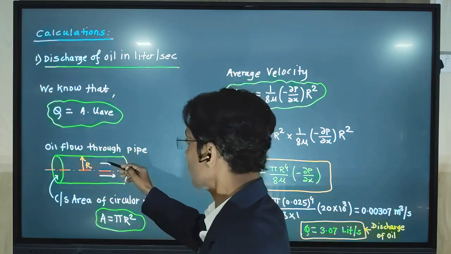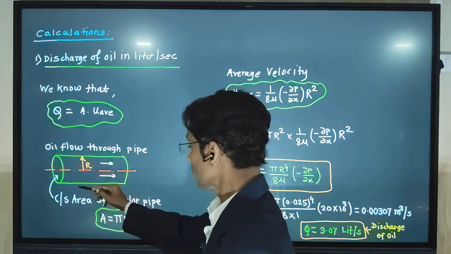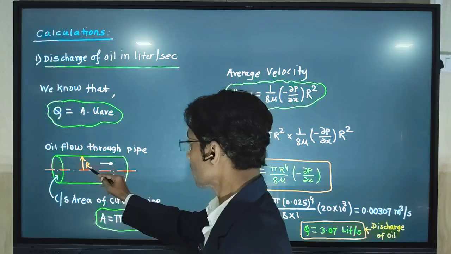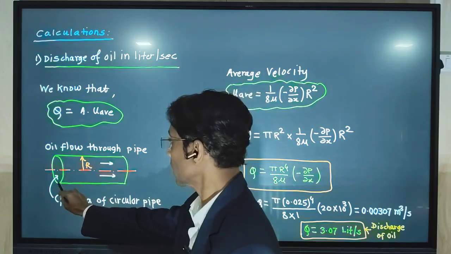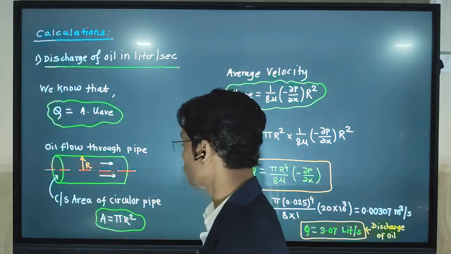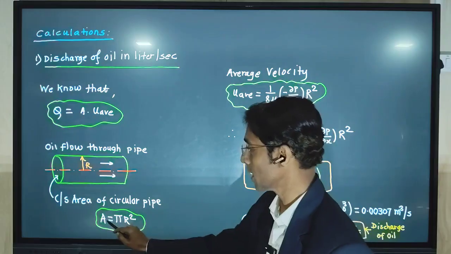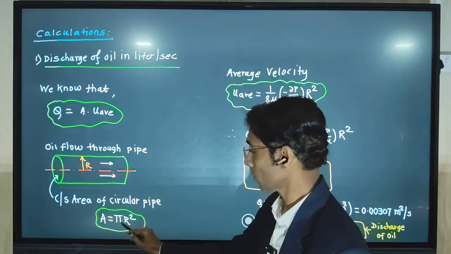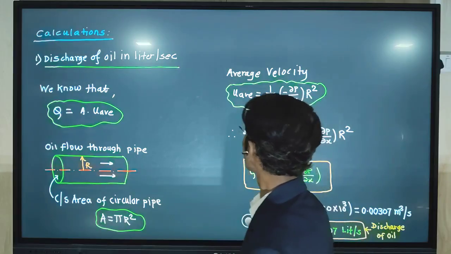Now as per the data given in the statement, oil flows through a pipe, this is a diagram. Here the radius capital R is shown. So the cross-sectional area of the pipe is circular. So for a circular cross-section, the area formula is pi into capital R square.